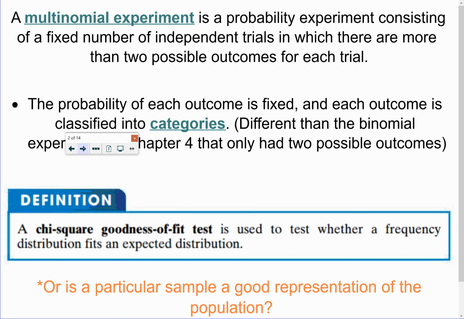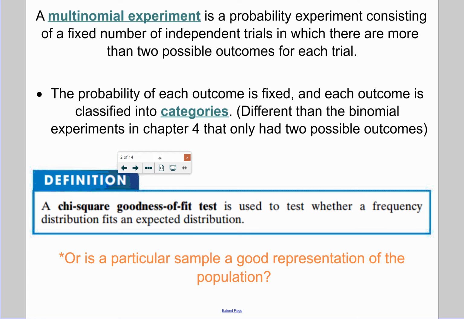All right, so this is sometimes called a goodness of fit test, because we use it to determine if our data fits a certain distribution that's expected. It could be a symmetric distribution, a right tail or left tail distribution. It just depends. We've seen binomial experiments before where there were only 2 categories, success or failure, and that was it.